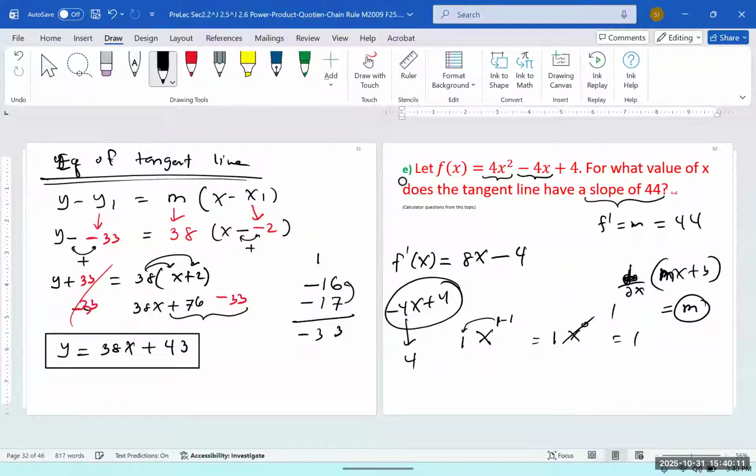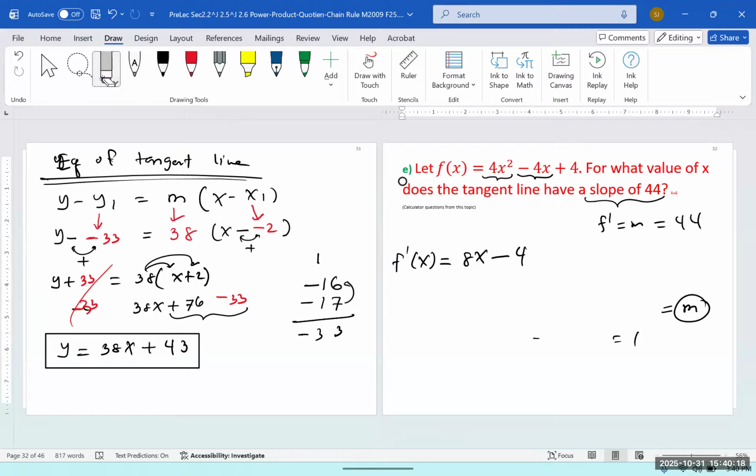Only negative 4. I already have my negative sign. Please write down all the derivative rules on one page. Have them in front of you anytime you do any type of homework with derivatives.